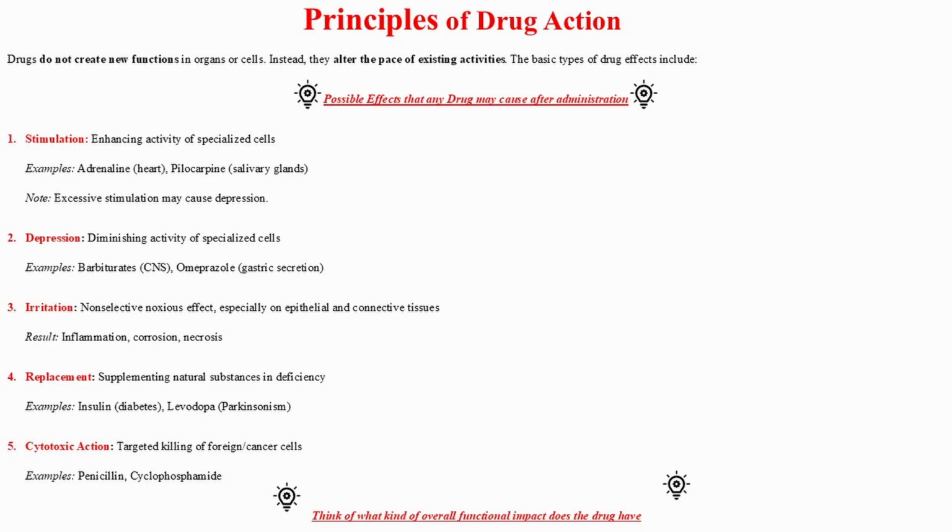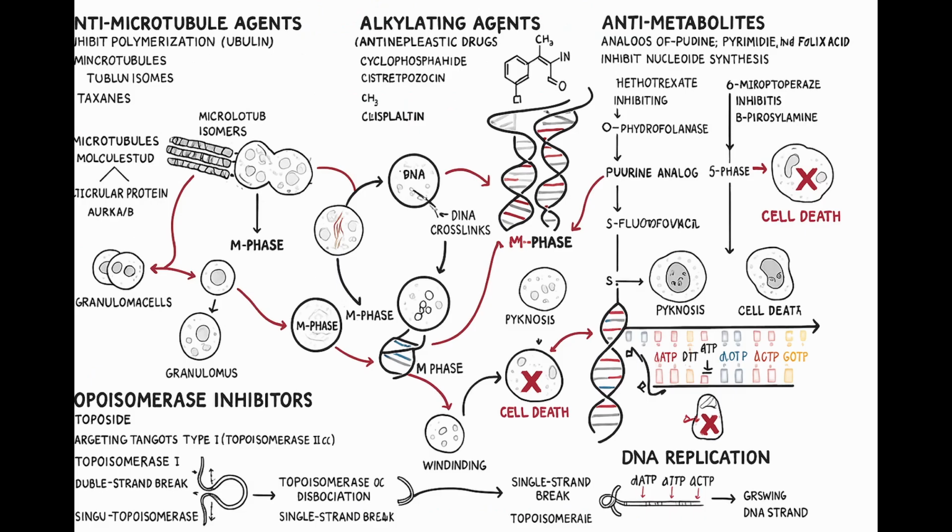Coming to the last type of drug action, that is cytotoxic action. The drug kills cells like bacteria or cancer cells while trying not to harm the healthy ones. Example, penicillin kills bacteria. The second example, chemotherapy drugs kill cancer cells, and zidovudine, an antiviral, fights against the HIV virus.